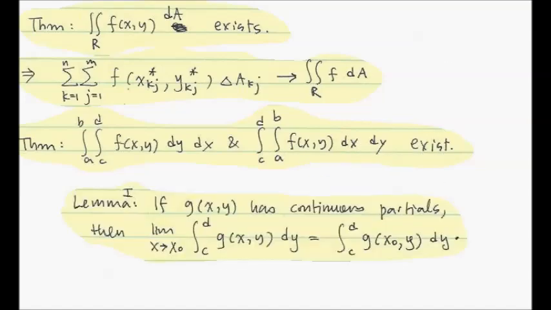So here's the lemma: if g(x,y) has continuous partials, again the result holds for continuous functions, but we are limiting ourselves to this class, then x is treated as a constant while we are integrating. For each such x value, this is going to be some value, so it's a function of x. Then as x approaches x0, this is actually the integral with that x0 value in it.